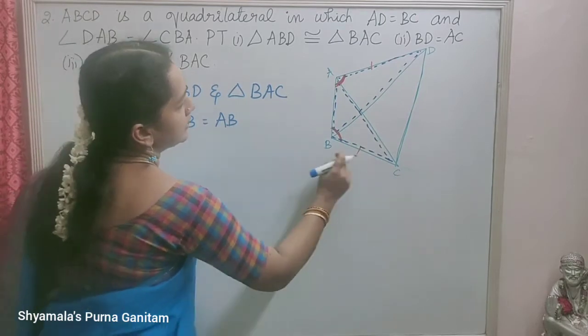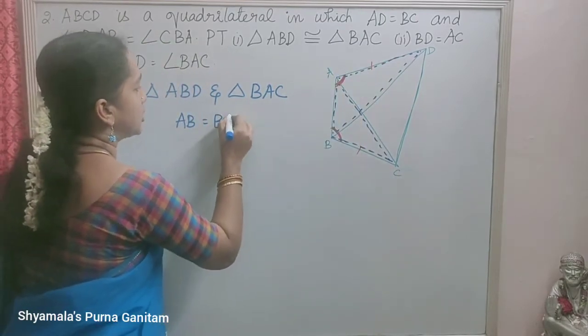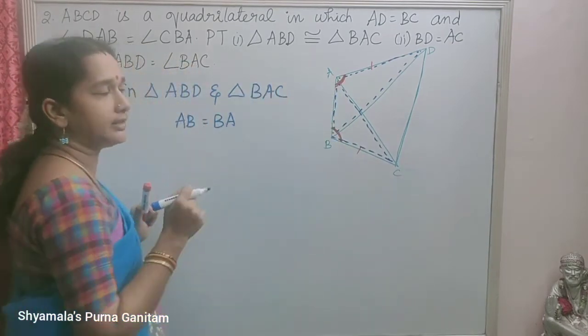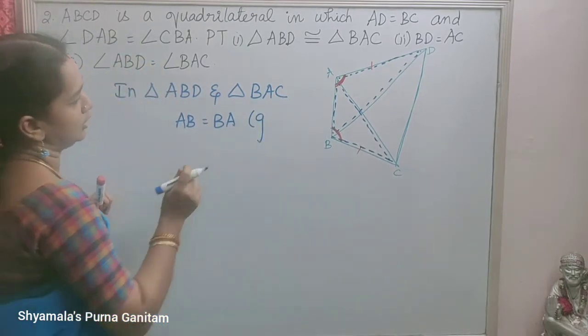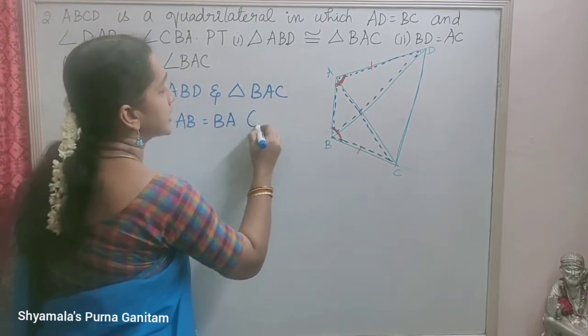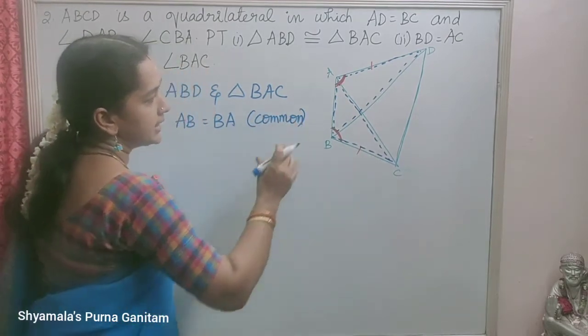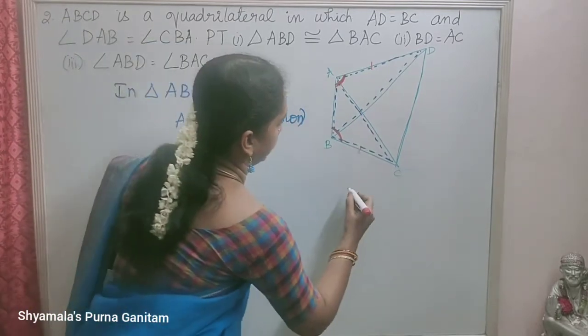You can write it as BA here. So length of AB is equal to length of BA. Is it given? No, it is not given. It is common to both the triangles.